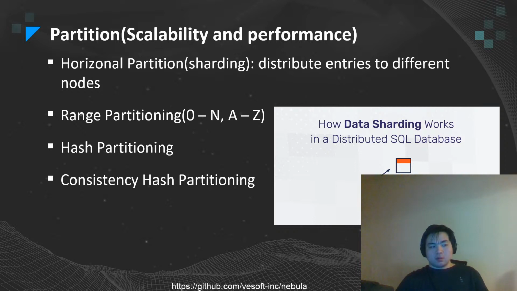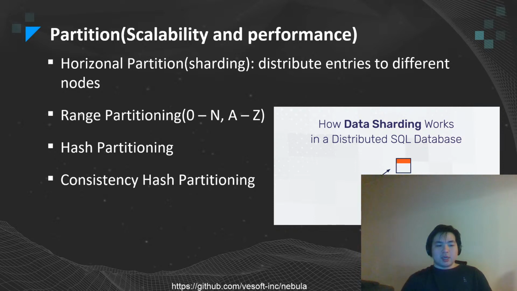So when we want to design a distributed system, the first thing to consider is scalability and performance: whether we can increase performance when we add more nodes or more compute resources.